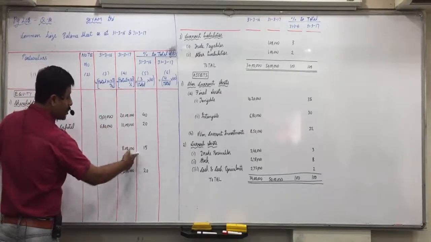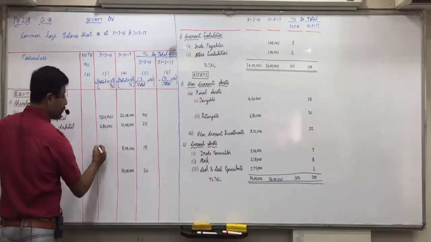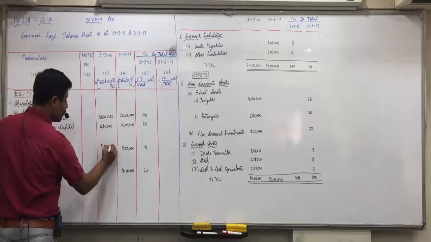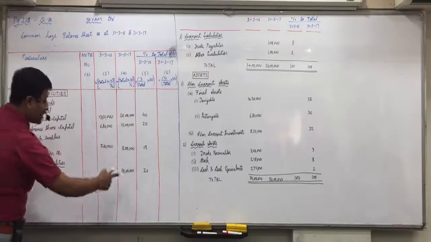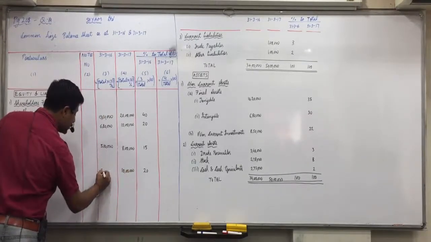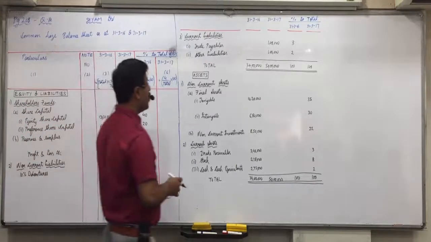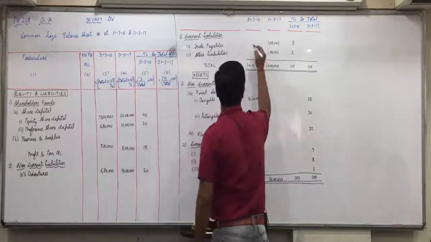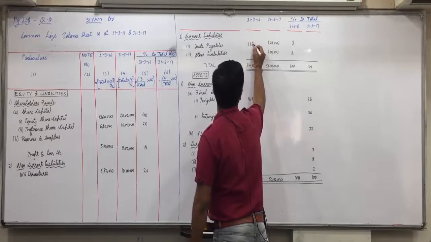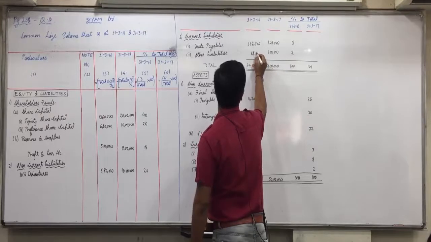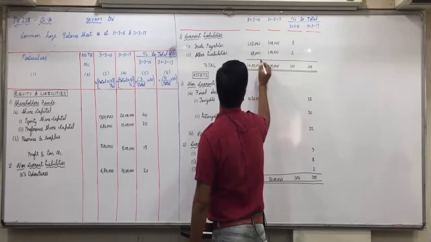Then 34 lakhs into 15%, 5 lakh 10,000. 34 lakhs into 20%, 6 lakh 80,000. Then 34 lakhs into 3%, 1 lakh 2,000. And 34 lakhs into 2%, 68,000.